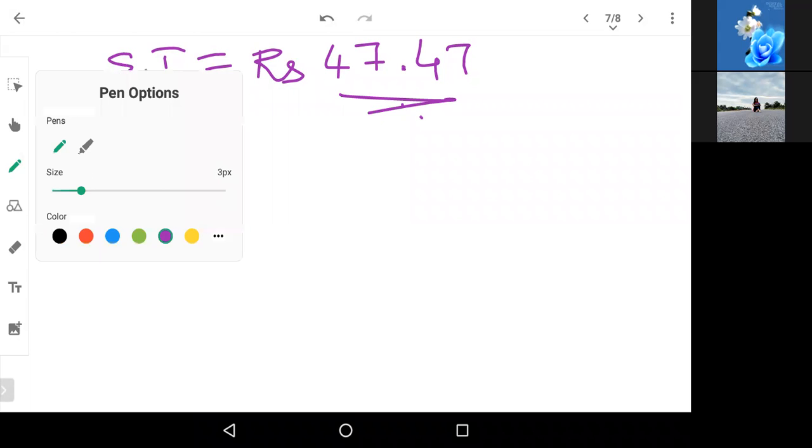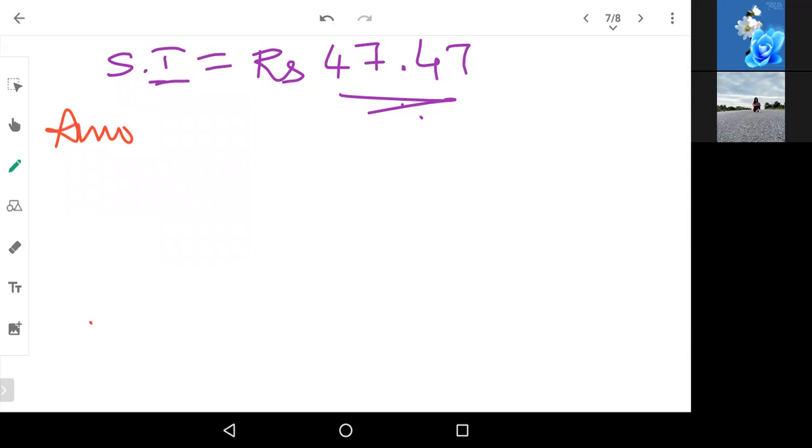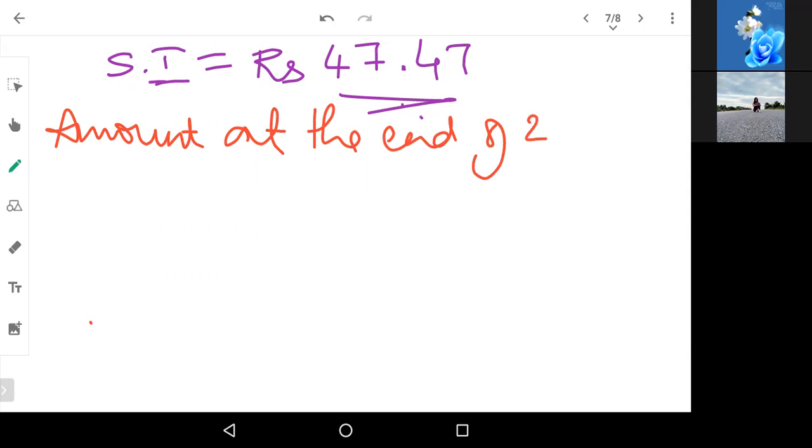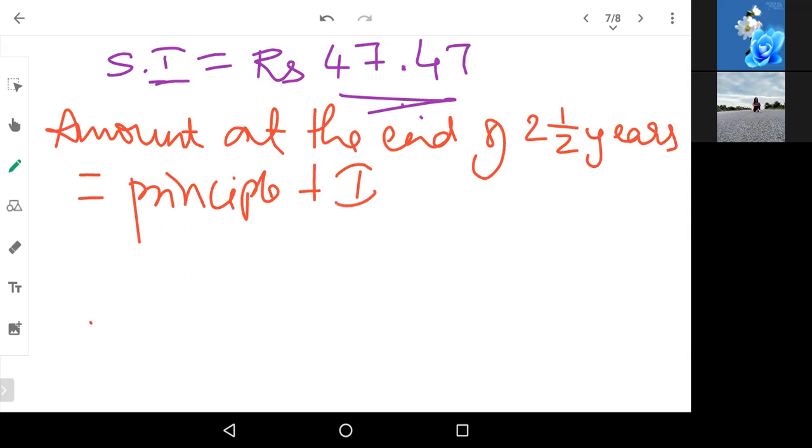So amount at the end of 2.5 years is equal to principal plus interest.